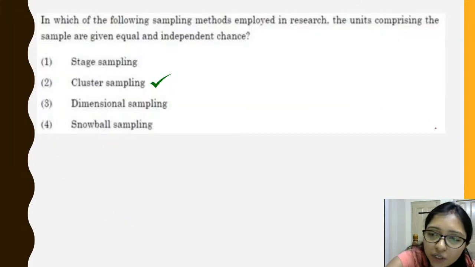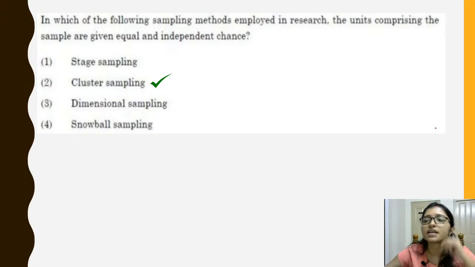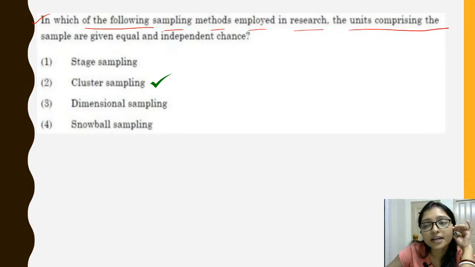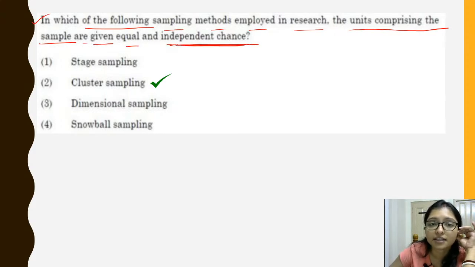Now come to the question. What was the question? Why was I telling this? In which of the following sampling methods employed in research, are the units comprising the sample given an equal and independent chance, right?